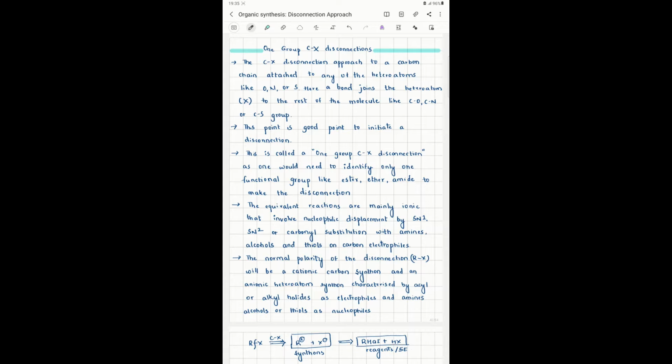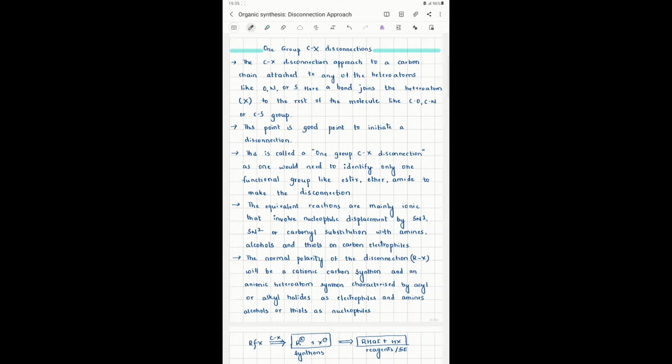That means we would first try to disconnect one group which is attached to a heteroatom, and further we will be using this strategy in a retrosynthetic analysis so that we can achieve our final target molecule.